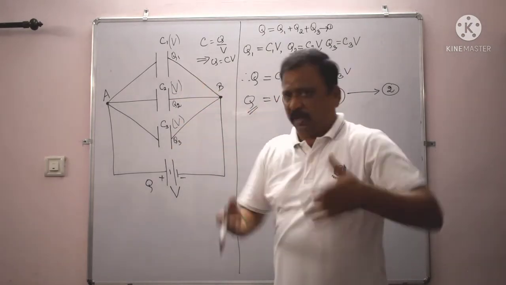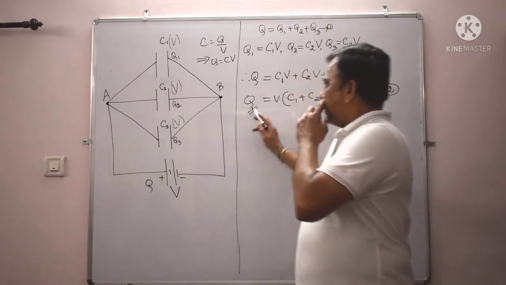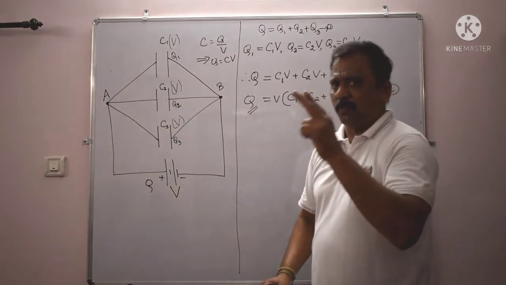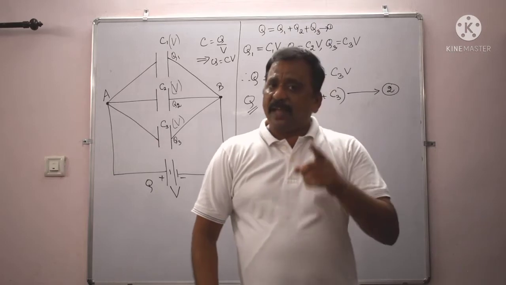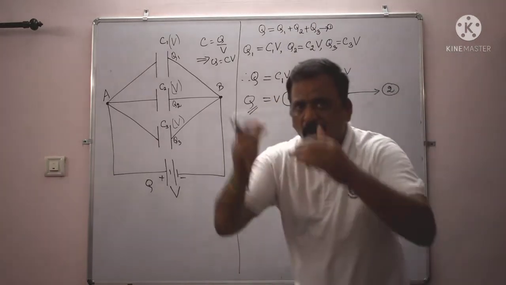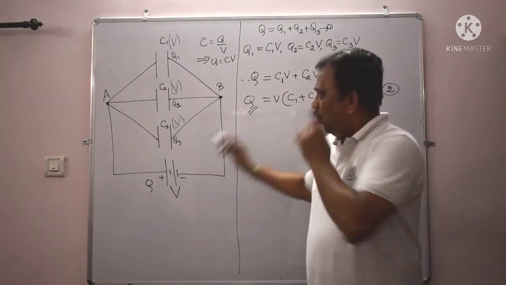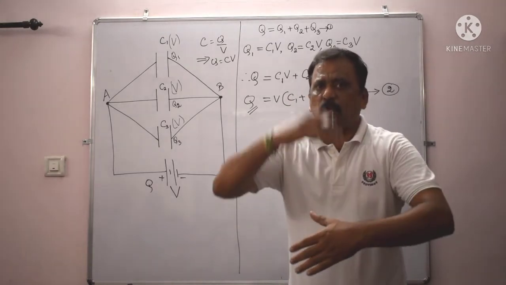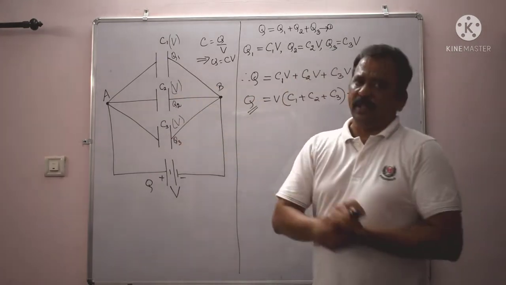Q1 is the charge stored by the first capacitor, Q2 by the second, Q3 by the third. Therefore, Q is the total charge stored by all the 3 capacitors put together, or in simple words, Q is the total charge stored by the combination, or total capacitance, of C1, C2 and C3.